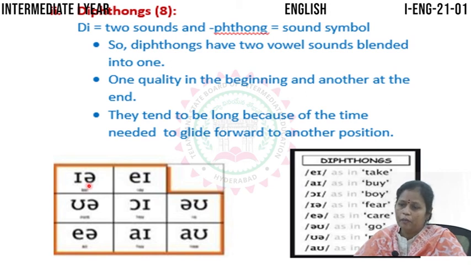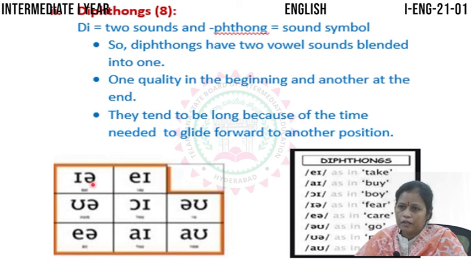So let us see, these are the 8 diphthongs: e, a. a, e. o, a. o, e. a, o. a, a. a, e. a, o. In this way, these are 8 diphthongs.